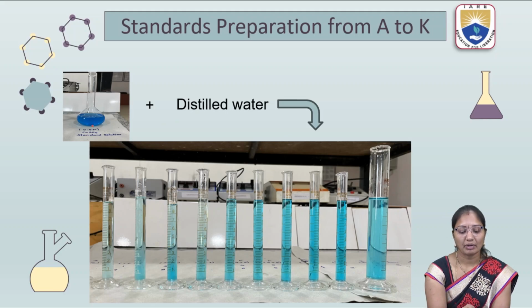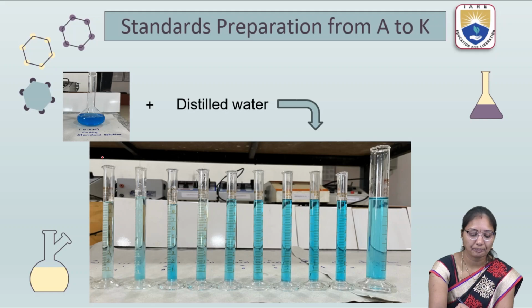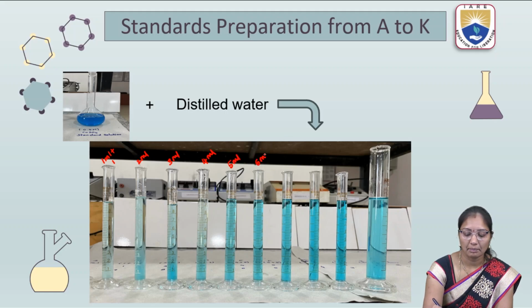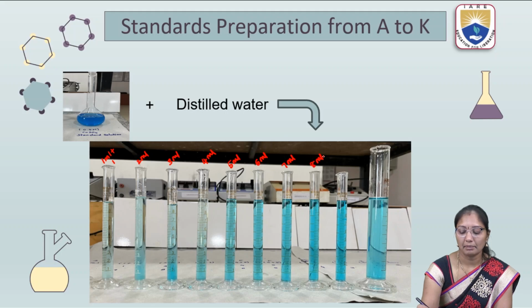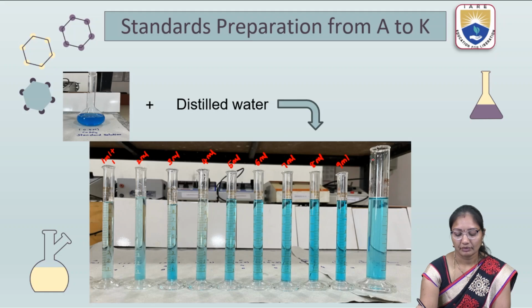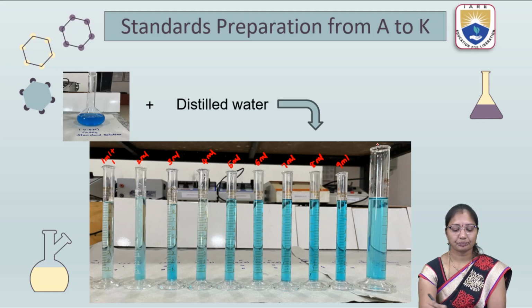Here, from this we have to take 1 ml, here 2 ml, here 3 ml, here 4 ml, here 5 ml, here 6 ml, and here 7 ml, 8 ml, 9 ml of copper sulfate in this way.